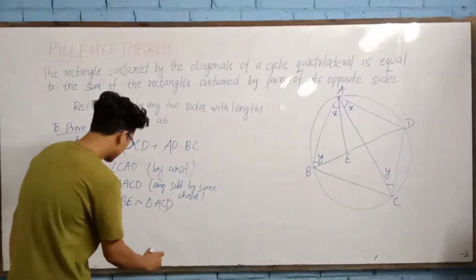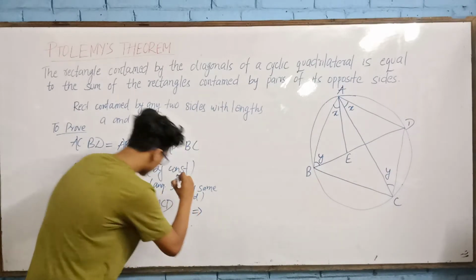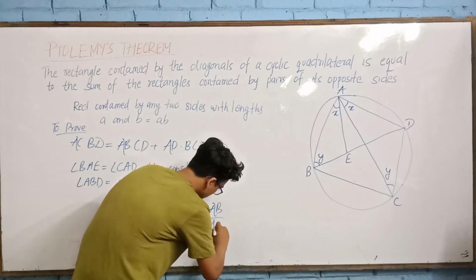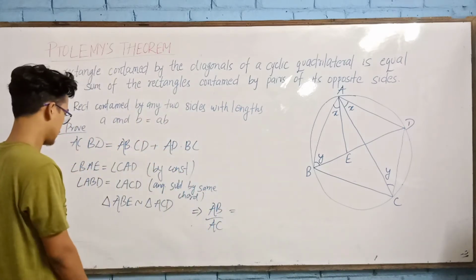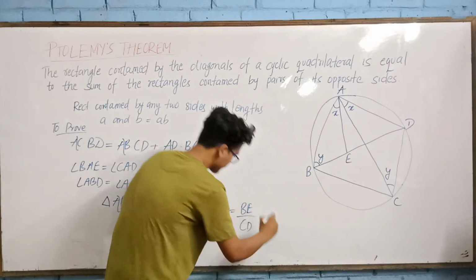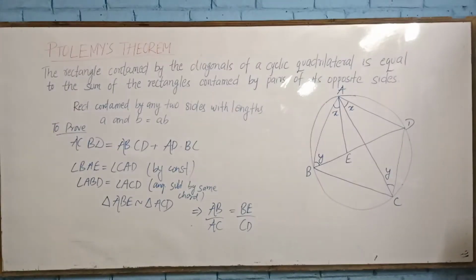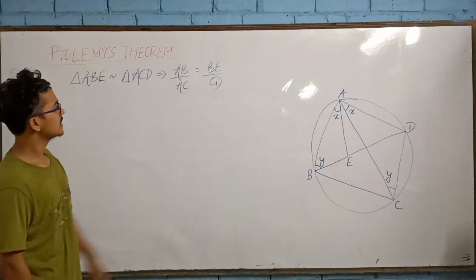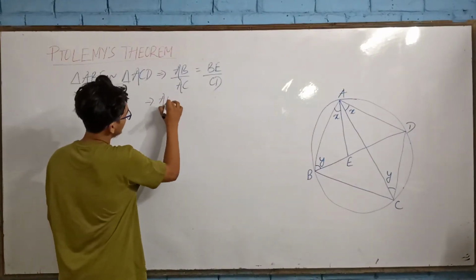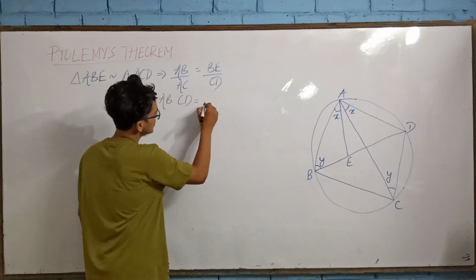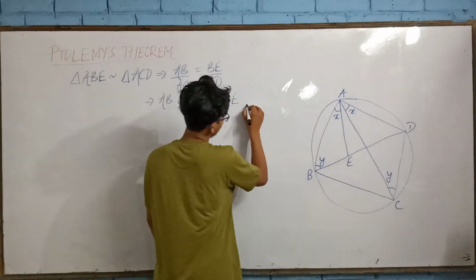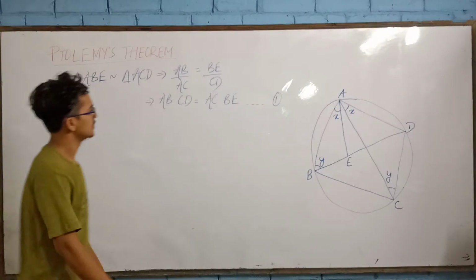Now this implies AB by AC equals BE by CD. So this implies AB into CD equals AC into BE. Let's name it as equation number 1.